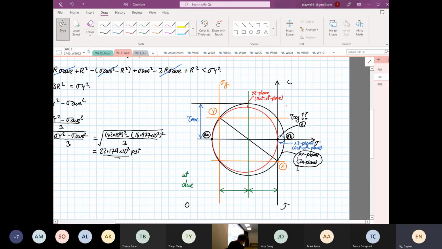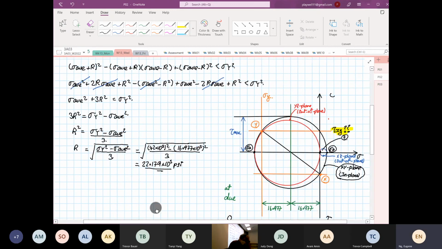What do we calculate it to become? Our stress average was 16.977. Likewise, it is 16.977. So we are trying to identify what's our shear.